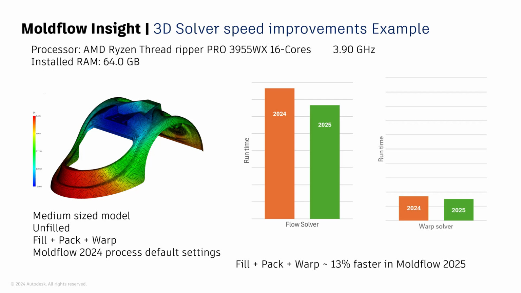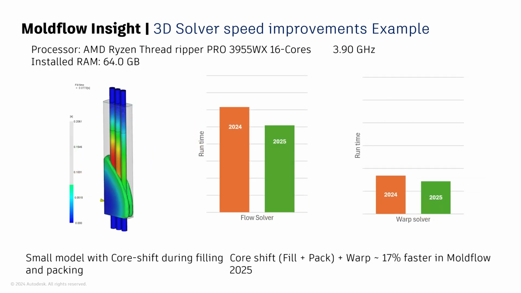These are some of the benchmarks that our team has done, particularly related to the AMD Ryzen Threadripper processors, and they were able to see a 13% faster speed as compared to the earlier release. This is particularly for the fill, pack and warp analysis.